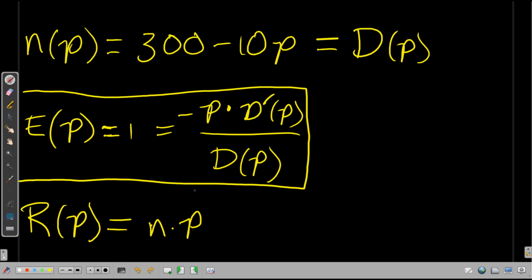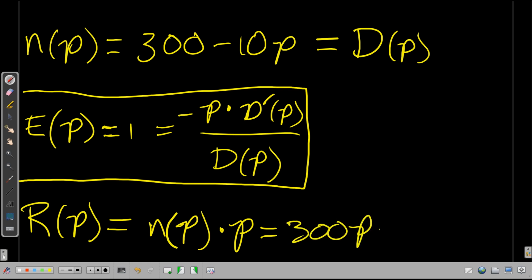This tells you how much revenue you brought in. And that number of items is n of p, and then times the price. So the revenue function we are looking at is going to be 300p minus 10p squared.